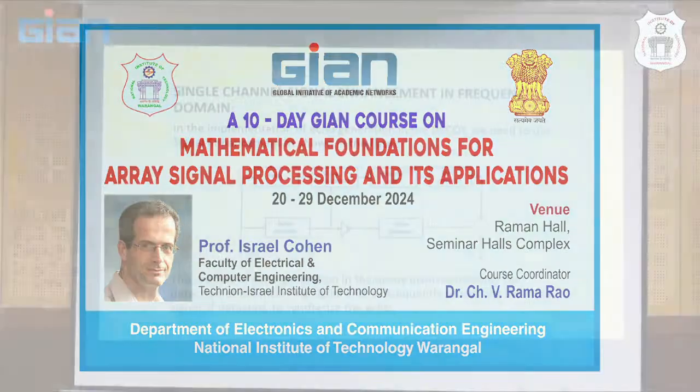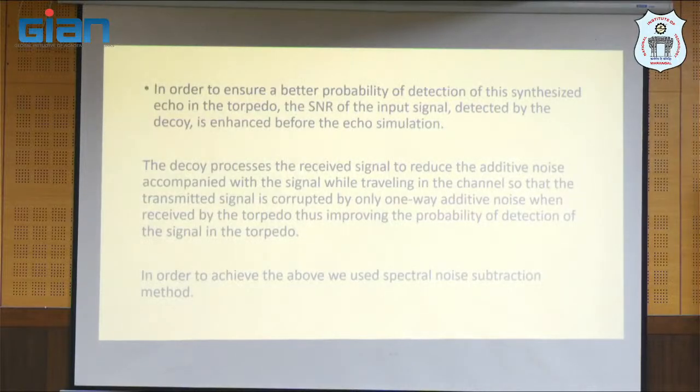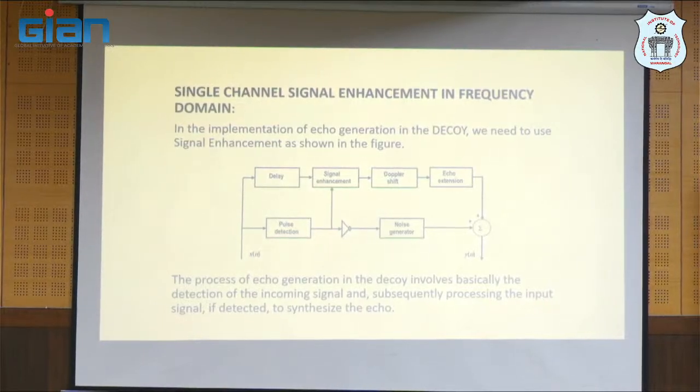In echo generation, we need signal enhancement in order to decrease the probability of false detection. First we do pulse detection, which is done using a correlation method and then thresholding. After pulse detection, we use signal enhancement.